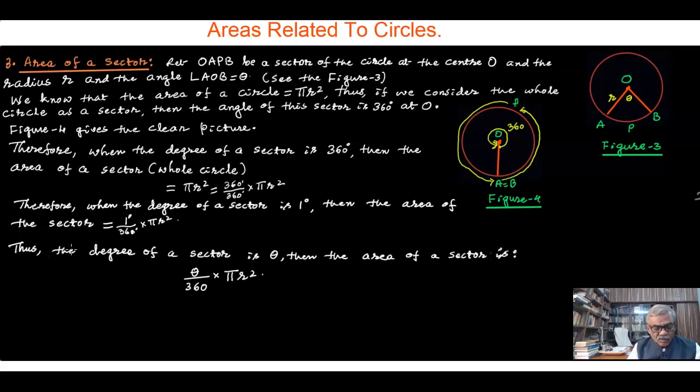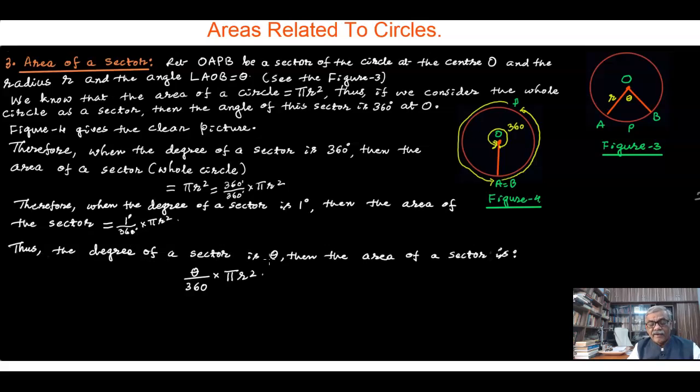And therefore, when the degree of a sector is theta, then the area of the sector is theta by 360 into pi r squared. Now observe, when the sector is a whole circle it is 360 by 360, and when the sector at the center makes 1 degree it is 1 by 360 into pi r squared.